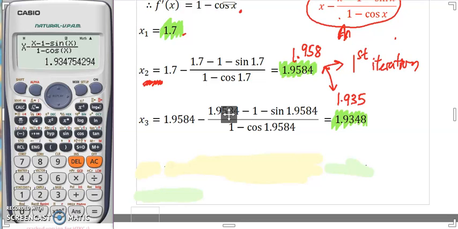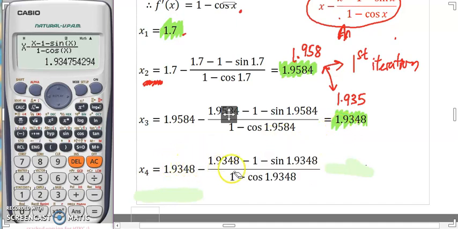So I need to go for the iteration for the third time. The third iteration will give me x4, where I substitute the result from x3 into the Newton-Raphson formula. This is the framework I have after I substitute. Then I calculate using my calculator to get the answer for x4.